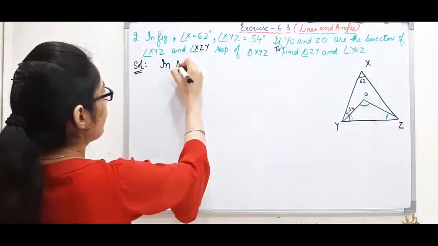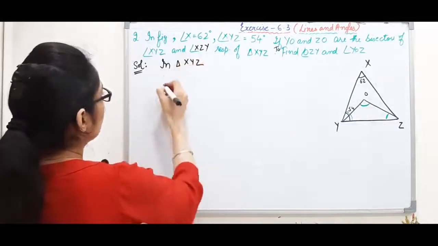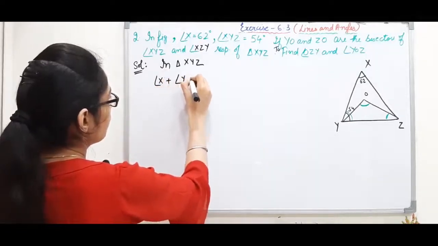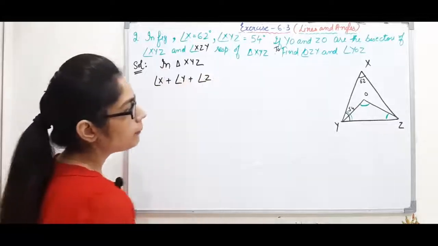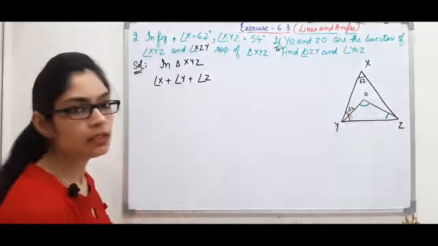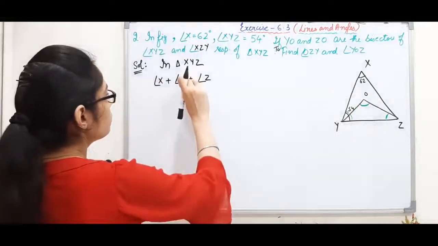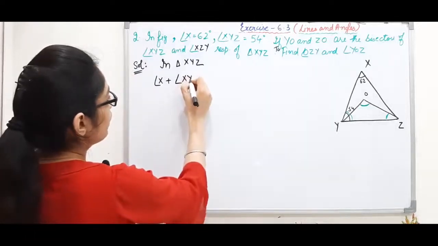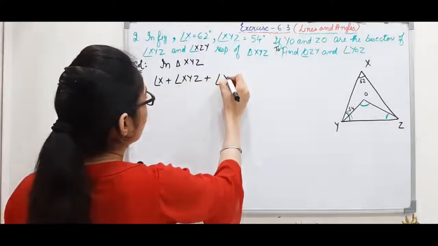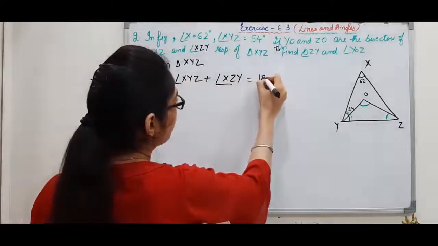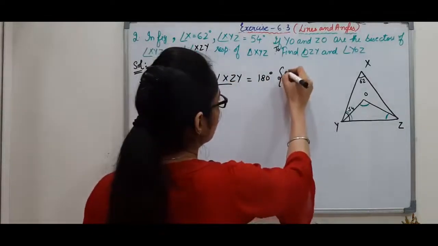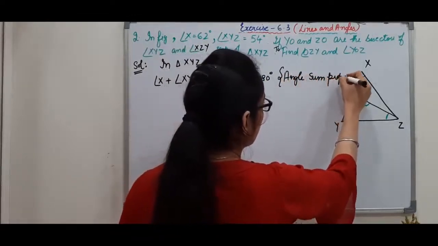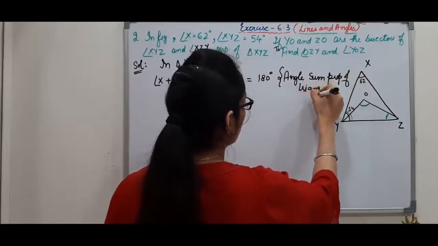So we can write in triangle XYZ, angle X plus angle Y plus angle Z. Whenever I am writing this angle, because I am using triangle XYZ, we'll write the complete angle. So XYZ plus XZY is equal to 180 degrees. So we can mention angle sum property of a triangle.